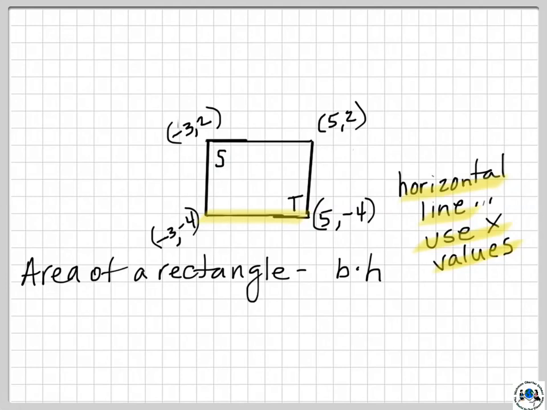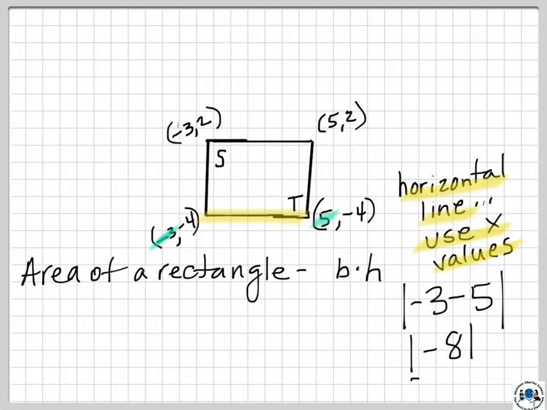When we want to find the length of the horizontal line, usually called the base for our purposes, we're going to use the x values. Those two x values are -3 and 5.